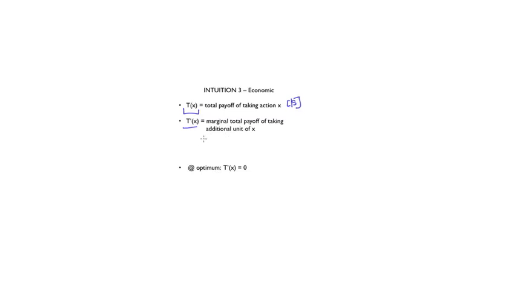In particular, T prime of x is the increase in total payoff if we increase x by 1 unit, or the decrease in total payoff if we decrease x by 1 unit. It basically gives you the marginal changes that are produced by small changes in your action x.